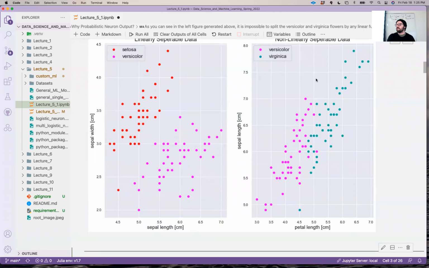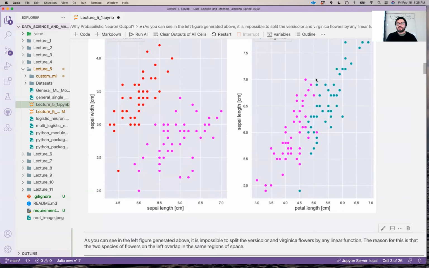But what about here? On the right-hand side, for the versicolor and Virginica species with those two measurements, there is no line that separates that data, right? No matter what line you pick, there's always going to be overlapping of species in a region.